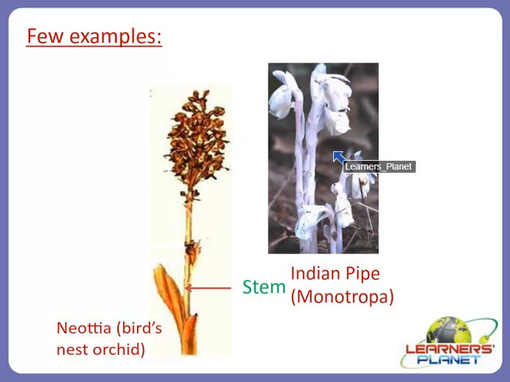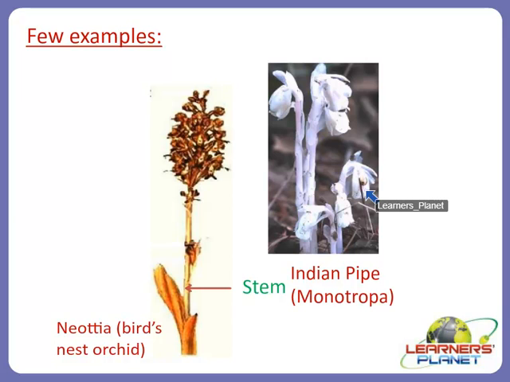Neottia and monotropa are flowering plants, as you can see here in the image. They are flowering plants whose roots form a mycorrhizal association with fungi or fungal hyphae.